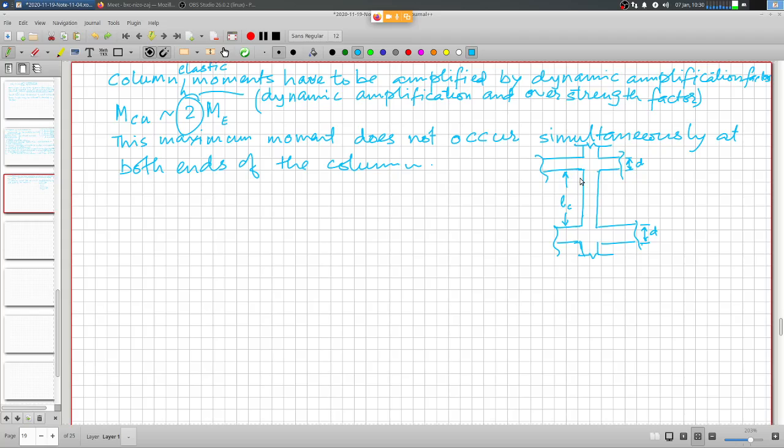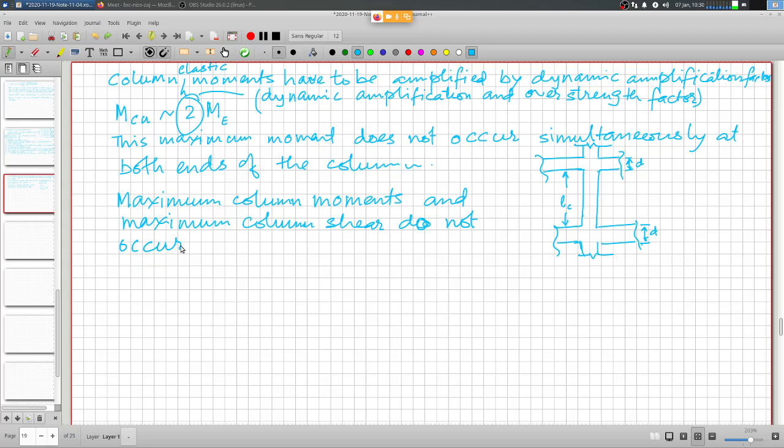Another issue we need to take care of, another thing that I need to record: maximum column moments and maximum column shears do not occur at the same time instant.